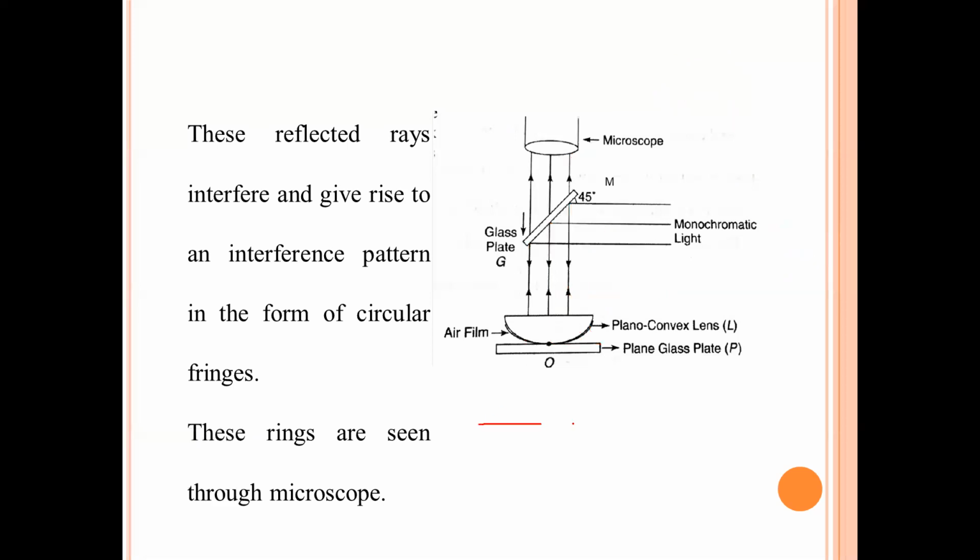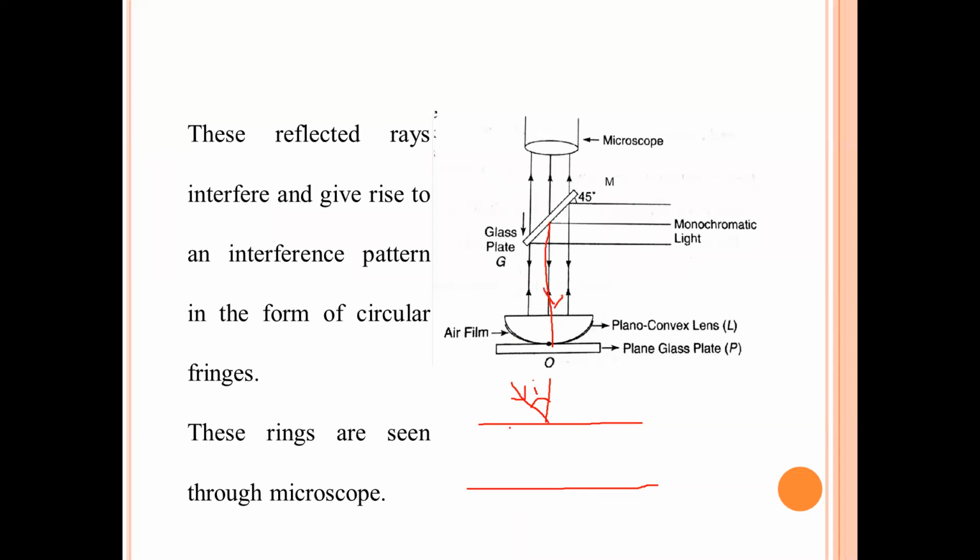In the case of parallel thin films, we already discussed in the last class that the light ray is incident at some angle of incidence i. But here, the light ray is incident on the plane of the convex lens normally.